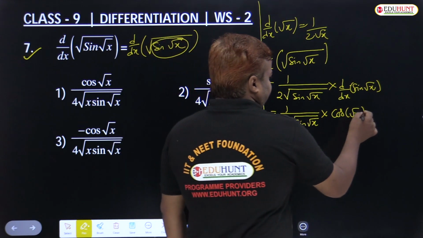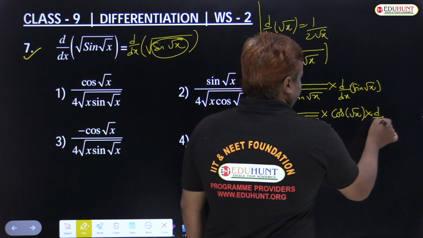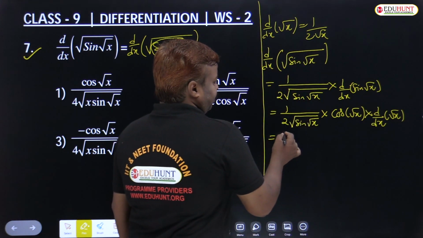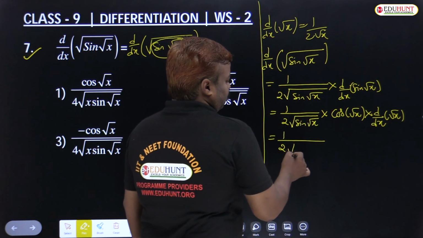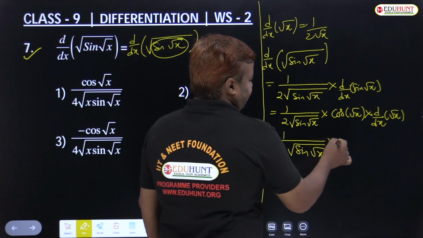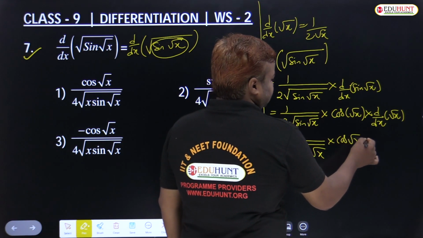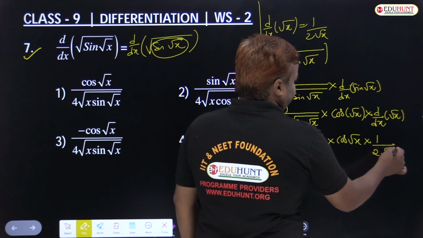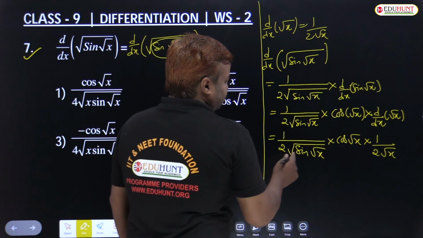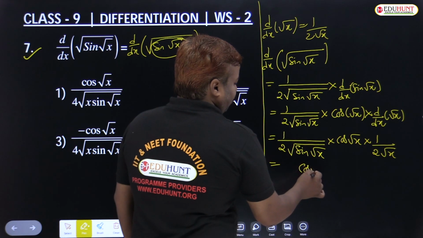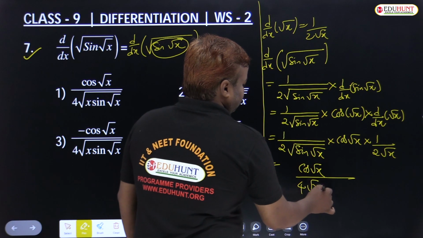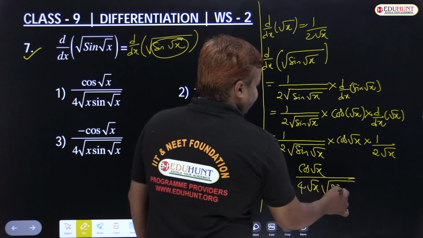So as per chain rule, take d by dx of root x. Again d by dx of root x means 1 by 2 root x. So 1 by 2 root of sin of root x into cos of root x into 1 by 2 root x. Now 1 by 4, since 2 twos are 4: cos of root x by 4 root x into root over sin of root x.